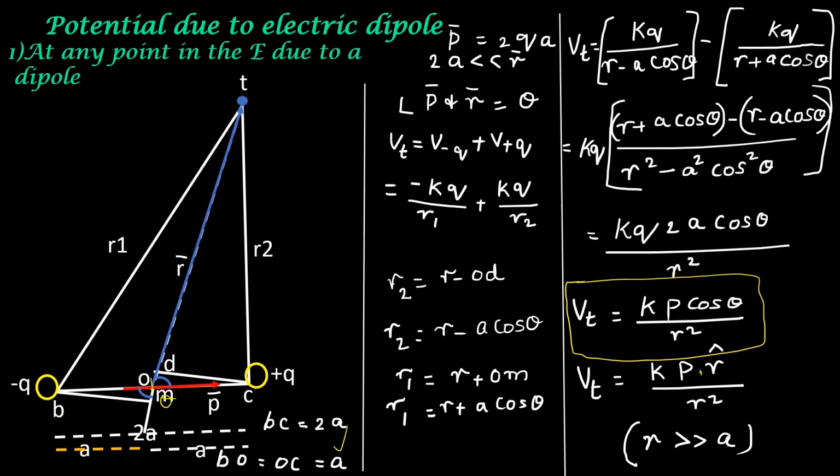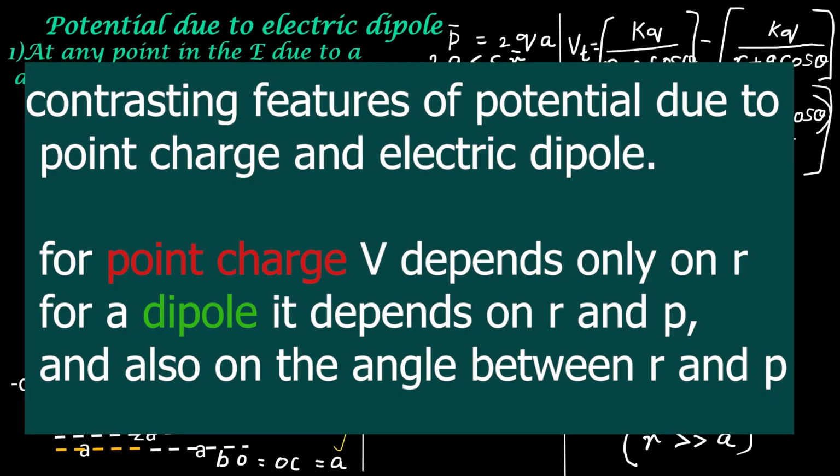Now we will see the contrasting features of the electric potential due to point charge and an electric dipole. For a point charge, electric potential depends only on R, that is the distance of the point from the charge.